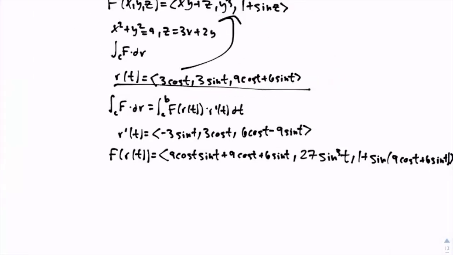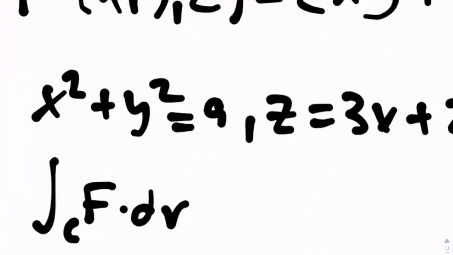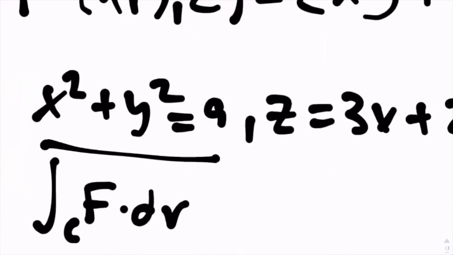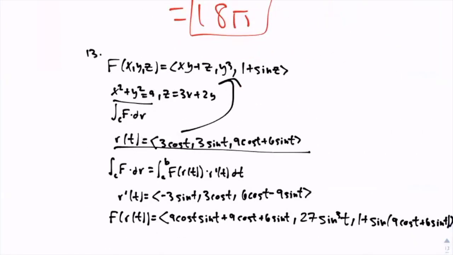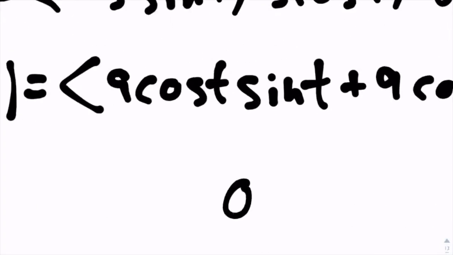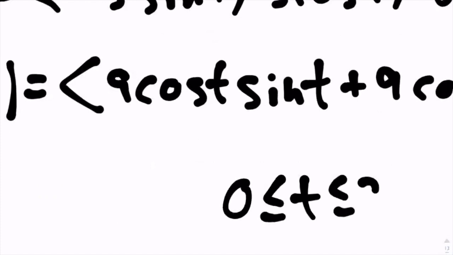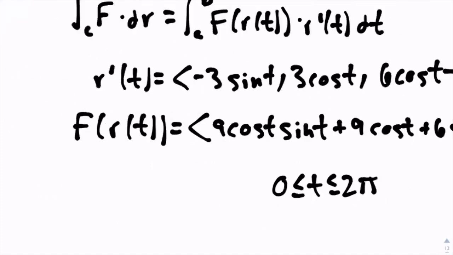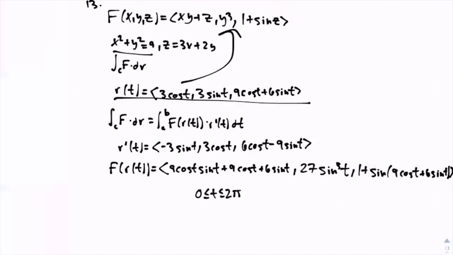And so with that, we have our F of r of t and our r prime of t. Also, since we know that our function is a circle on the xy plane, we can say that our bounds for t are 0 and 2 pi. But when looking at this again, we realize that the question says that C is oriented in the clockwise direction.